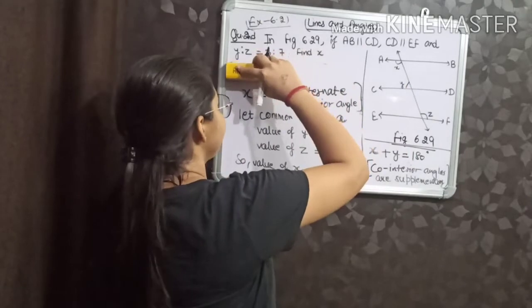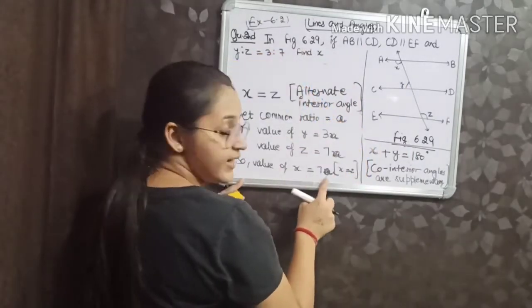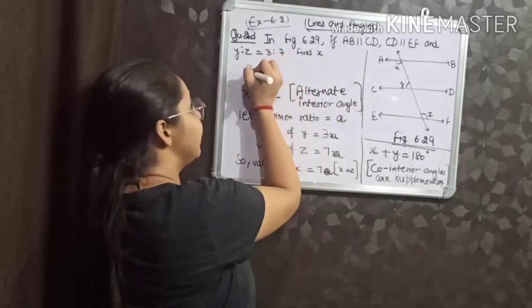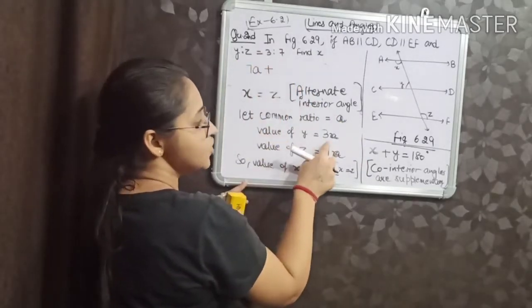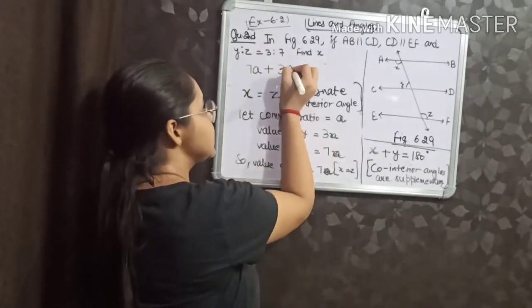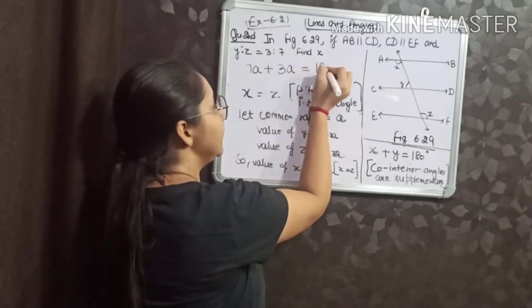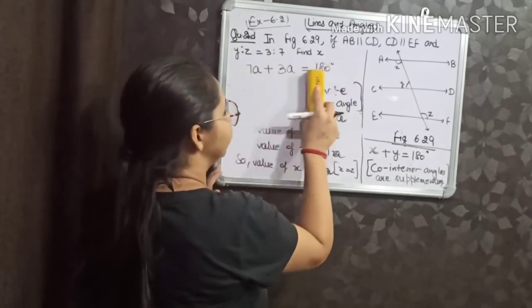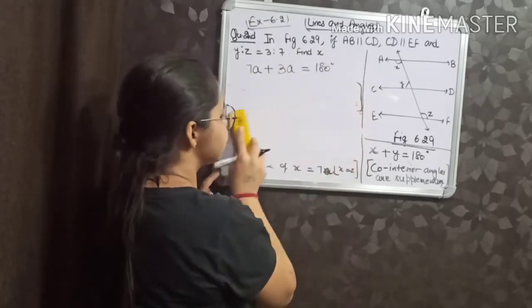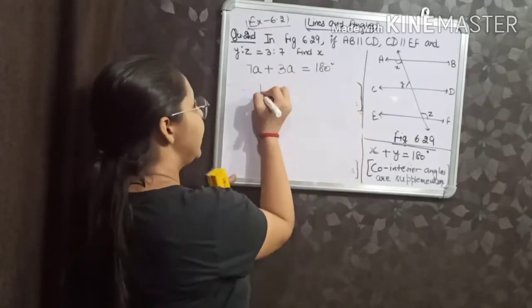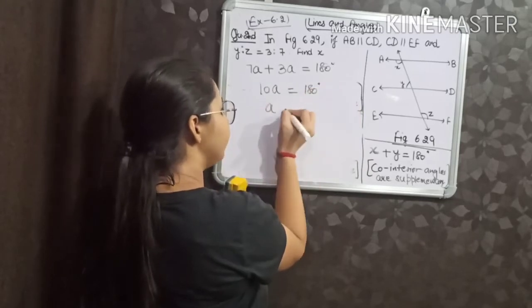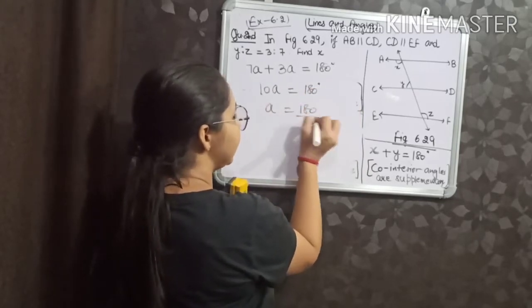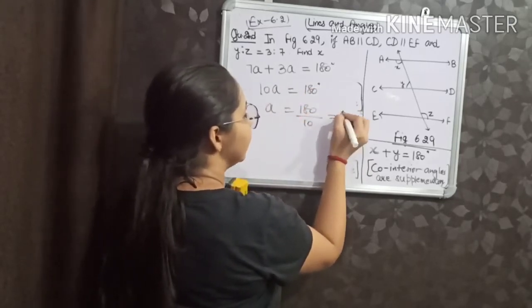Now, what is the value of X? The value of X is 7A plus the value of Y, which is 3A, equal to 180 degrees. Now, 7A plus 3A, 10A is equal to 180 degrees. So the value of A will be 180 by 10, that is 18 degrees.